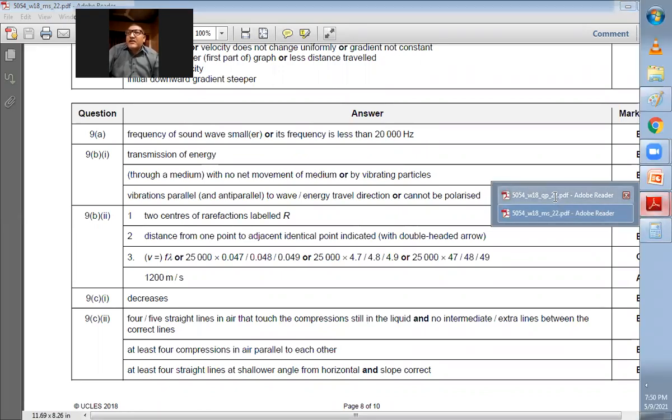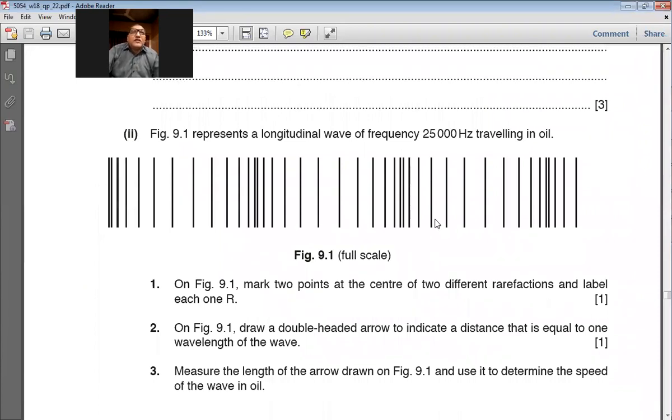The next part of the question is: figure 9.1 represents a longitudinal wave of frequency 25,000 hertz traveling in oil.